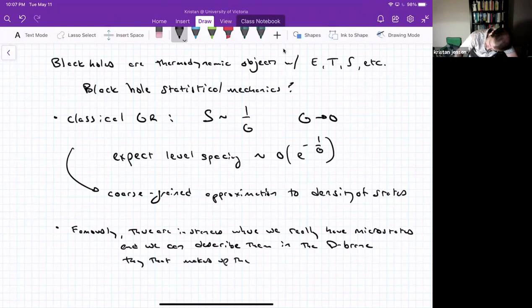So there's good reason from string theory to think that there really is some statistical mechanical description of black holes, at least in an ultraviolet complete theory of quantum gravity, and that the states can be counted and so on. Let's fast forward a little bit.